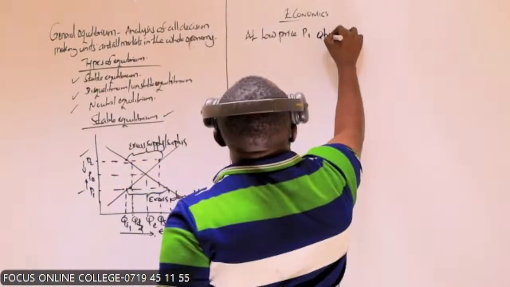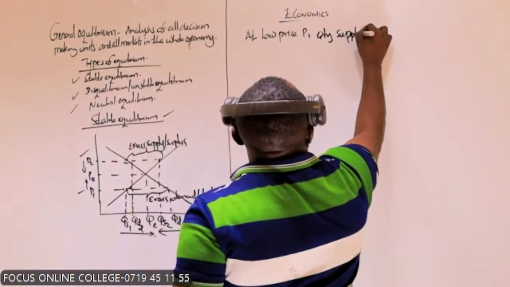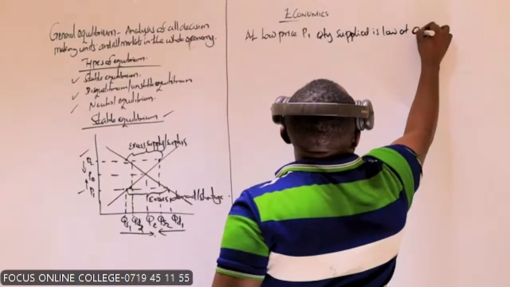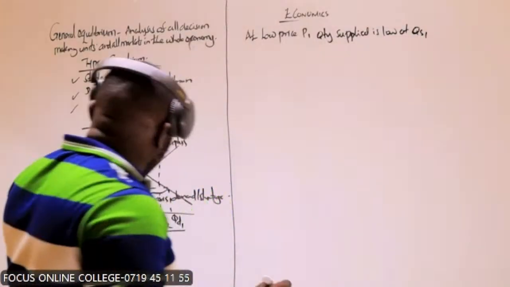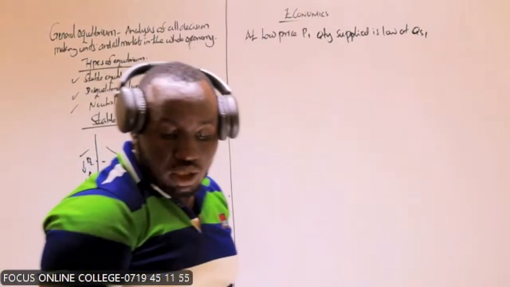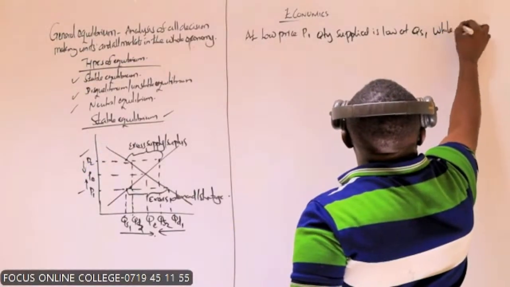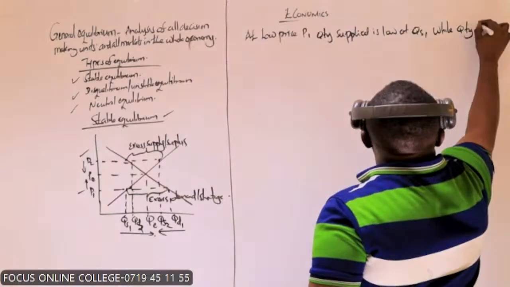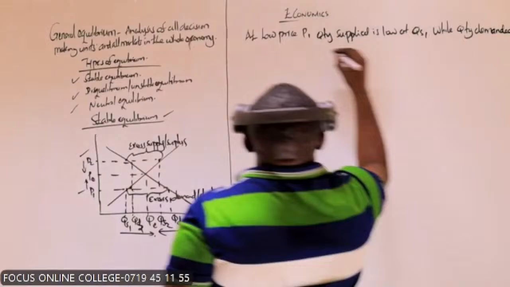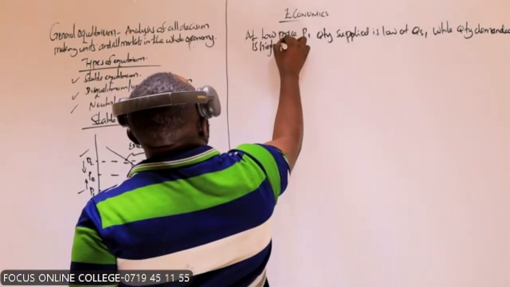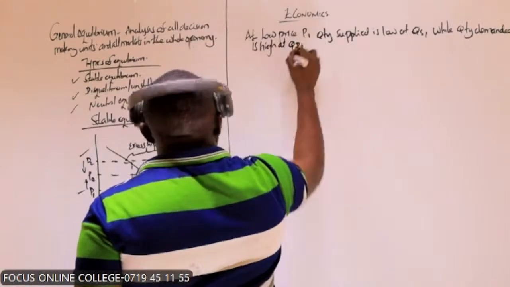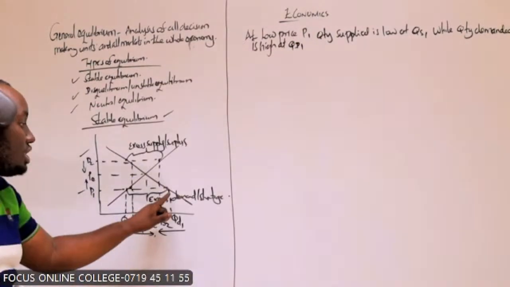On meeting the criteria, quantity supplied is low at QS1, while quantity demanded is high at QD1. The quantity of companies incorporated in Kenya is low, but the quantity of those with management and control exercised in Kenya is high.